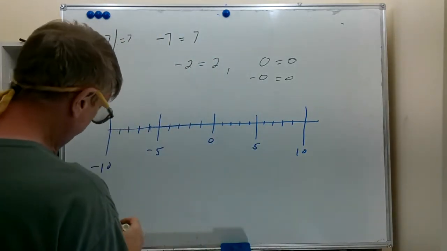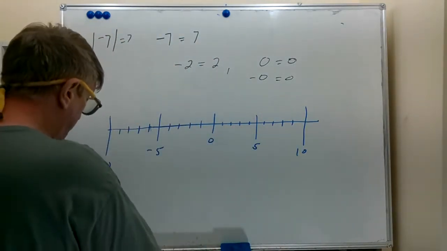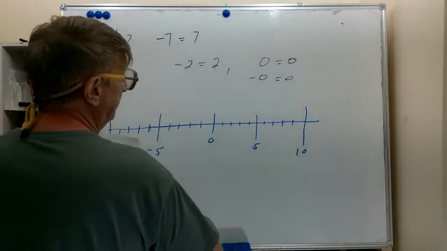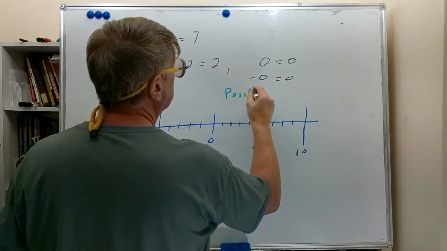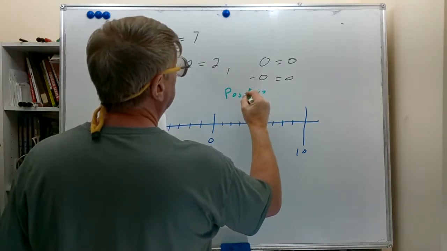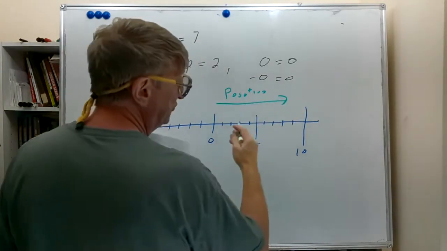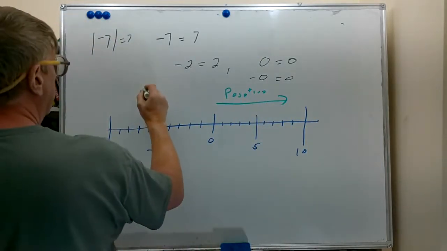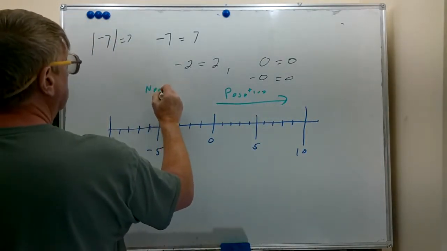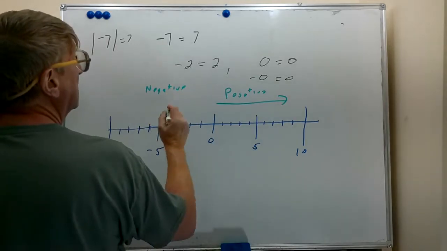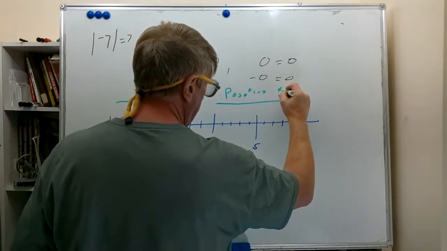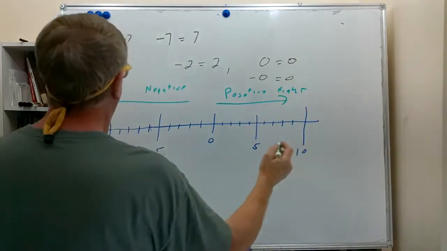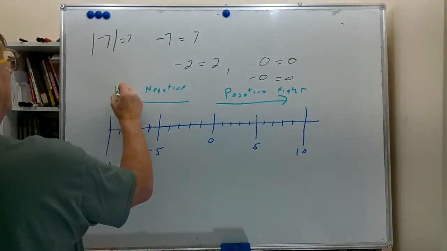Okay. So on the number line, if you're not familiar with it, positive values usually go to the left. Negative values usually go to, well, this is to the right, excuse me. Positive values to the right, negative values to the left.